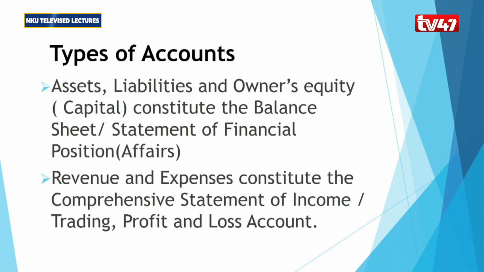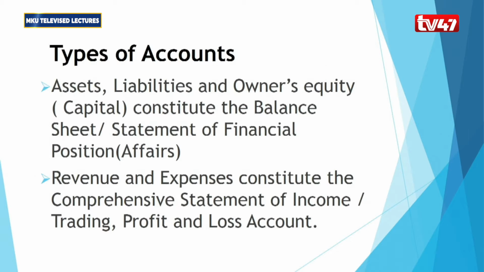So which are these types of accounts? We generally have them as five. We got assets, liabilities, owner's equity, otherwise known as capital, and revenue and expenses. If we make reference to the first set, these three accounts, they make reference to the statement of financial position or statement of financial affairs, otherwise known as the balance sheet.